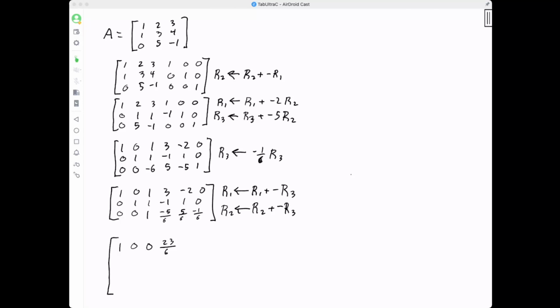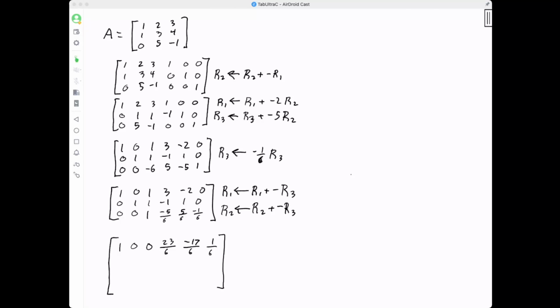Then negative 2 plus a negative 5/6 is negative 12/6 plus a negative 5/6 is negative 17/6. And 0 plus a negative 1 times negative 1/6 gives me 1/6.